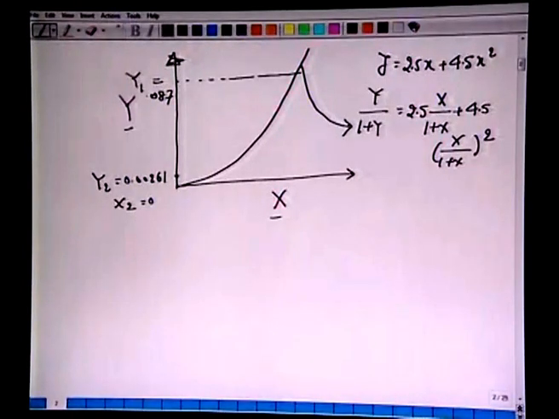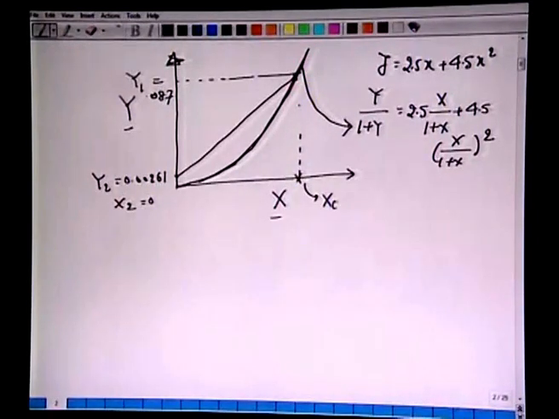Okay. So the first question asked was, what is the minimum solvent flow requirement? That's very easy to find out. If the shape of this curve is convex down, that means we can draw this curve intersecting this equilibrium curve here. This will give us the concentrations of a spent liquor maximum.